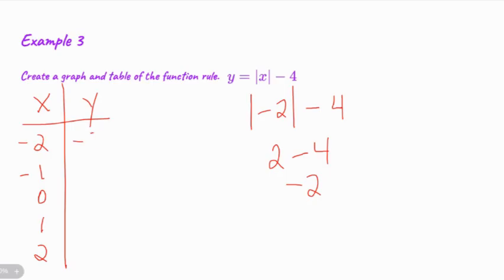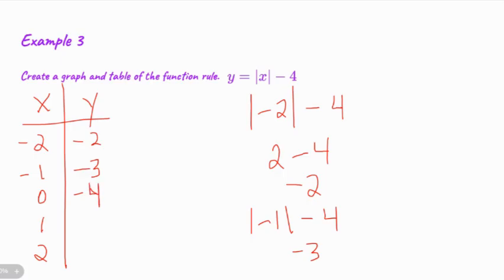So I get -2 there, and then I'll plug in -1. And this one I'll kind of talk out a little bit more than writing. Absolute value of -1 is 1, minus 4 is -3. And then absolute value of 0 is 0, minus 4 is -4.